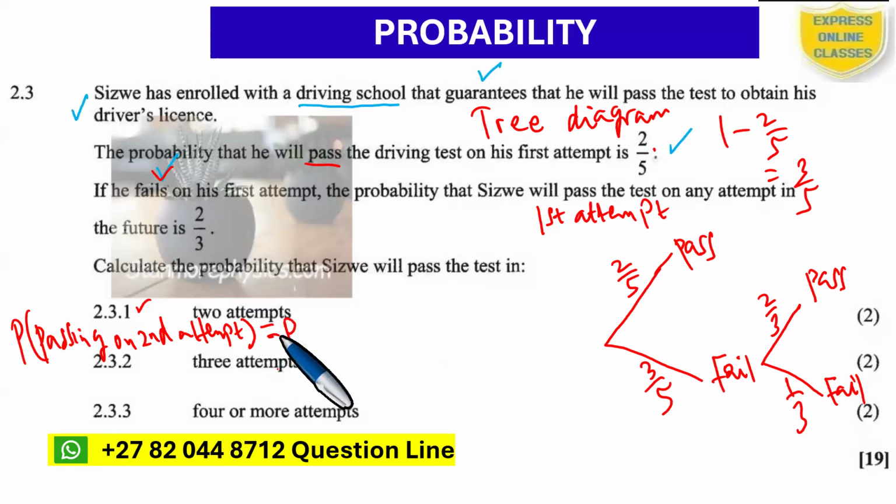Now, if he is going to pass on second attempt, then he's going to fail first.